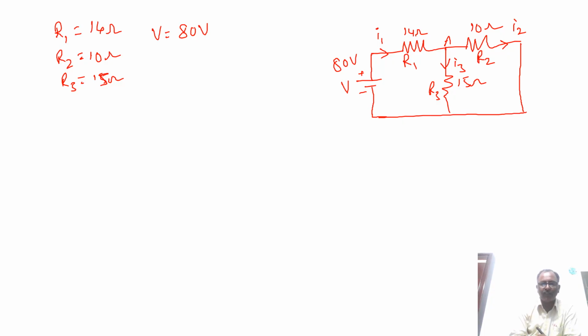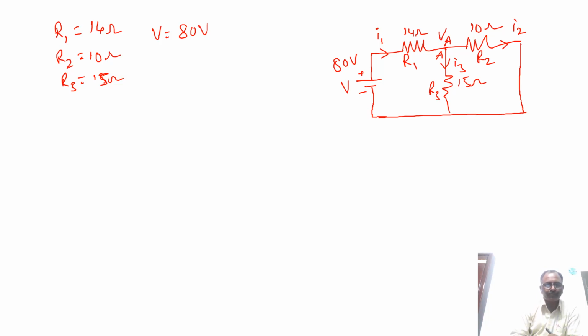Now our requirement is to find the branch currents I1, I2 and I3. For finding I1, I2, I3, you can apply nodal analysis. Let the voltage at node A be VA.